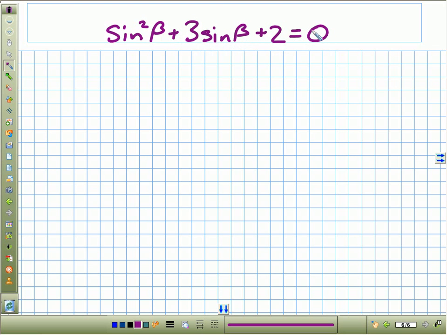Okay? Now, we've not looked at any trig equations like this before. Any ideas about how we would approach this?